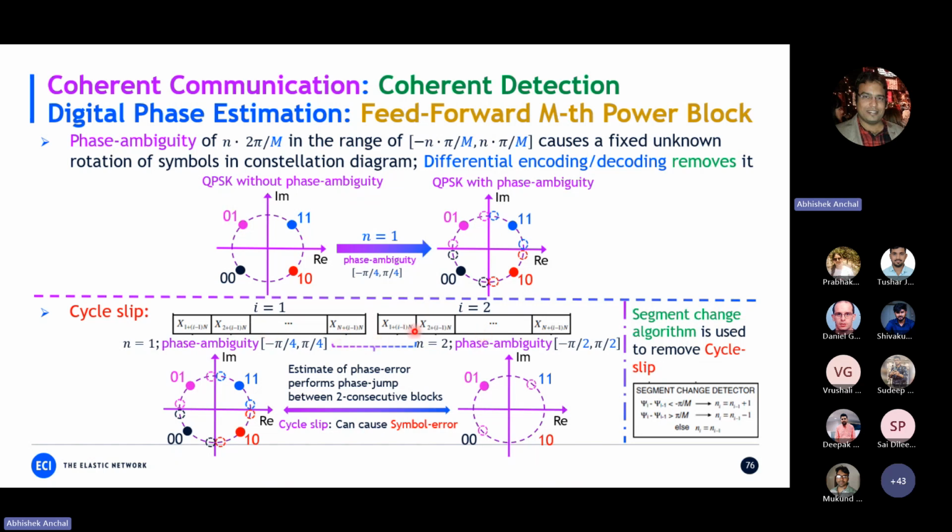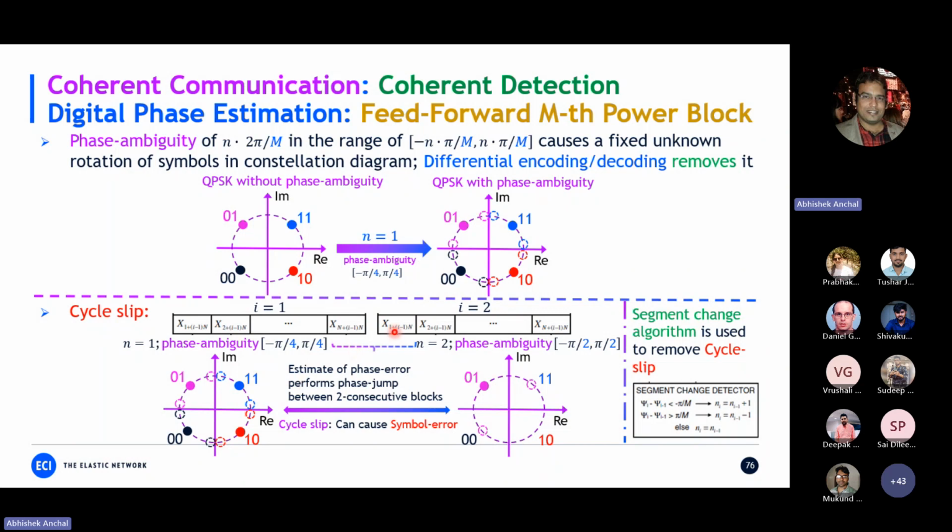when it reaches the edge, because differential encoding uses the edge, here this one minus this one phase is what the differential is going to use, and here is n equal to 2, here is n equal to 1. So your phase offset, which was constant in the differential encoding, is no longer constant. It means it varies by more than pi, so basically pi or 2 pi in some terms.